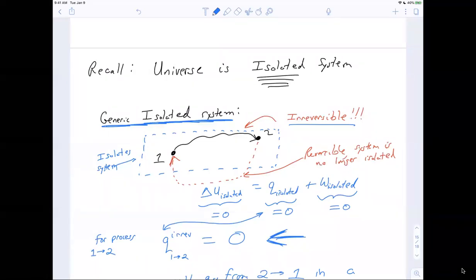Now that we've identified the differential form of S as dq reversible over T, and delta S as the integral of that over a process, we wanted to ask, what is the change in entropy for an irreversible process?